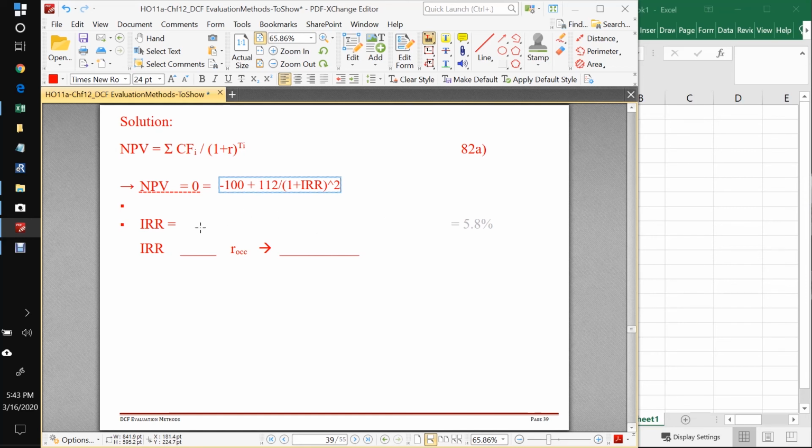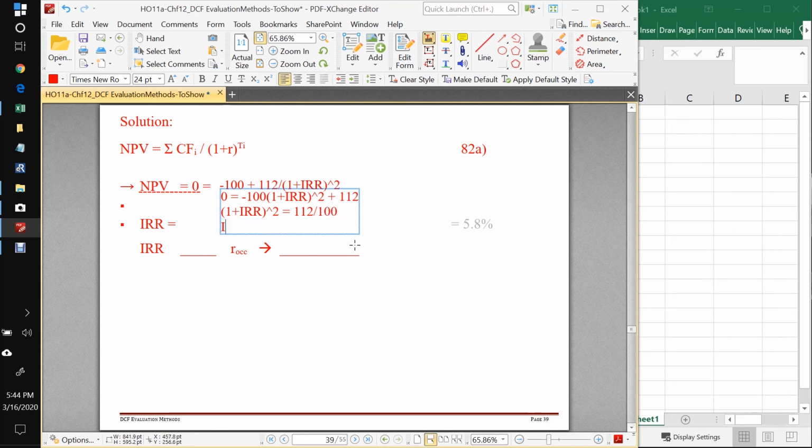Okay, and if we do the algebra on that, we have 0 is equal to minus 100 times 1 plus IRR raised to the 2 plus 112. And so then we get 1 plus IRR squared is equal to 112 over 100, and that's looking pretty good.